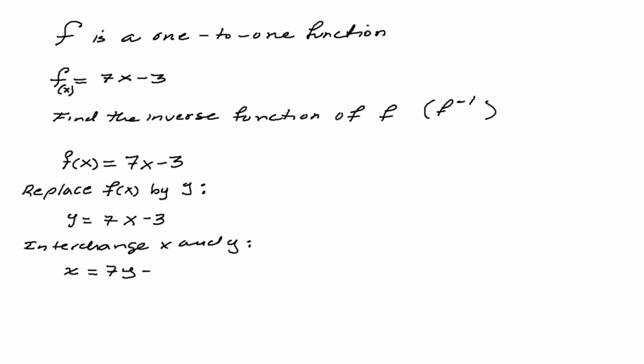You will then solve for y. So we say x plus 3 equals 7y. And then you will divide by 7. So we say that x plus 3 over 7 is equal to y.